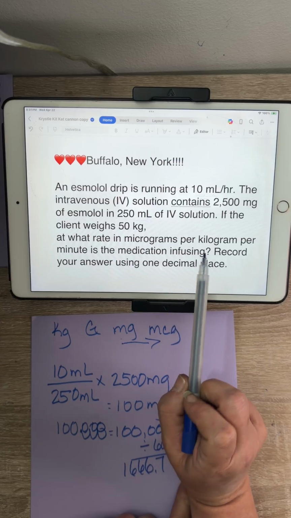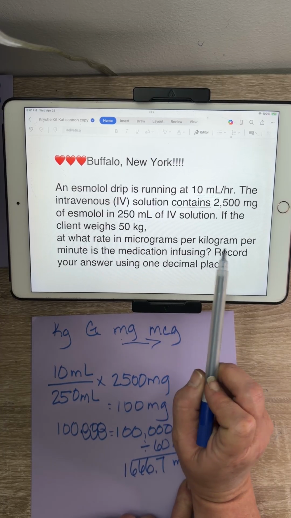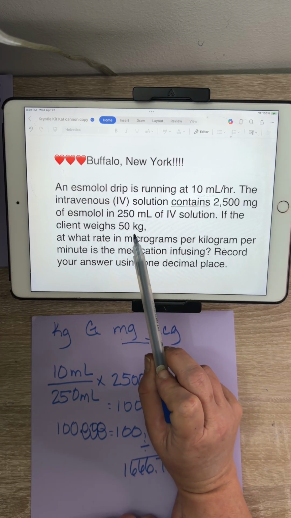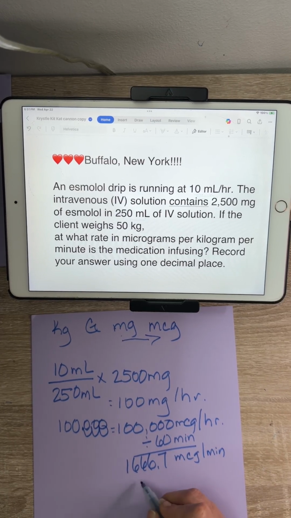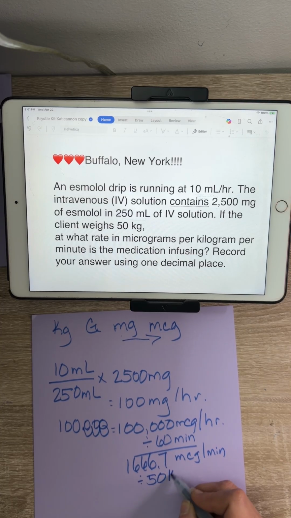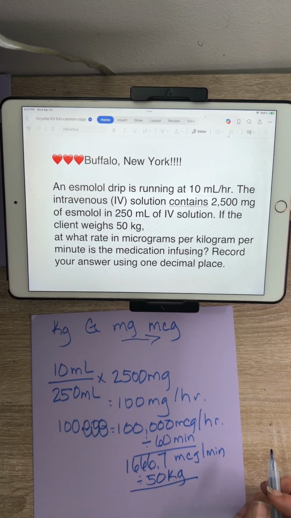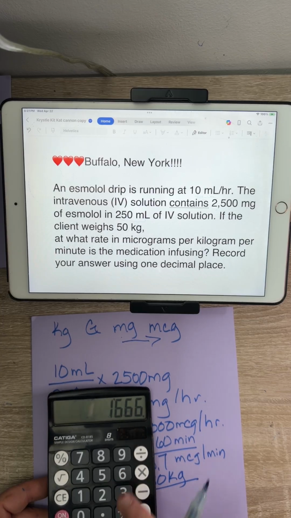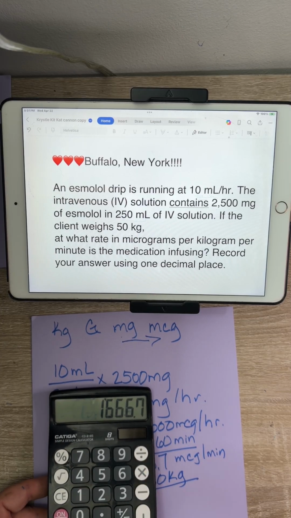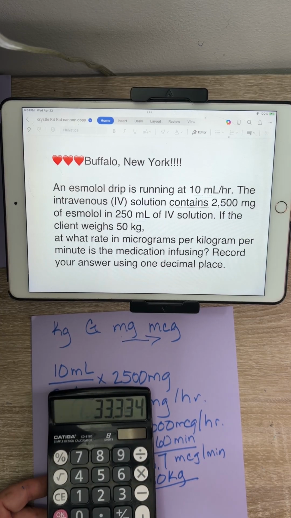And she wants to know the micrograms per kilogram, and he weighs 50 kilograms. So we're going to take this number and divide it by 50 kilograms. Help them, Lord. So 166.7 divided by 50.